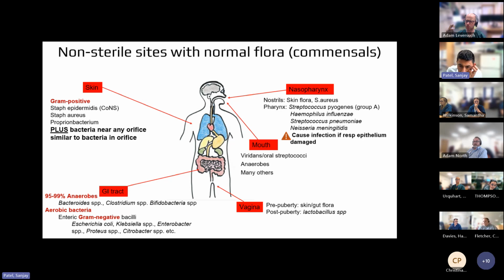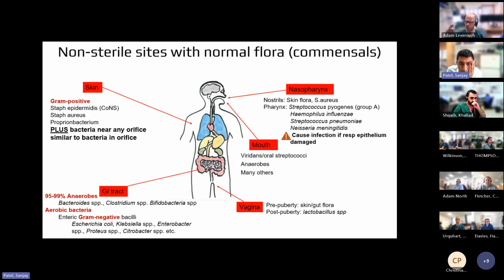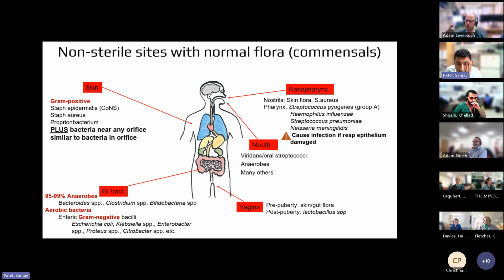And in the mouth, you get anaerobic streptococci and other anaerobes. You get things in the GI tract. That's where you get all your gram negatives, as well as your anaerobes, your Bacteroides and things. So that's relevant because when you then get a contaminated urine specimen, well, it's going to be contaminated with stuff from the vaginal tract or from the GI tract going to the vaginal tract often.